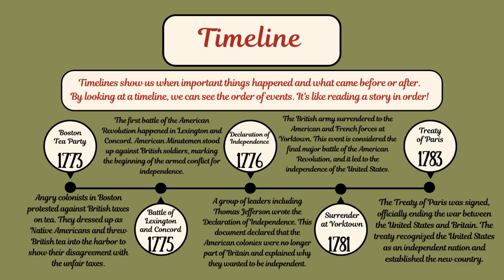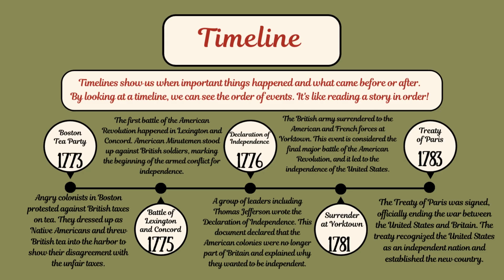Angry colonists in Boston protested against British taxes on tea. They dressed up as Native Americans and threw British tea into the harbor to show their disagreement with the unfair taxes.